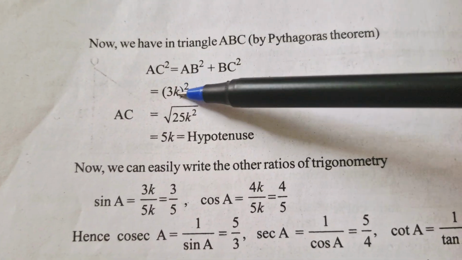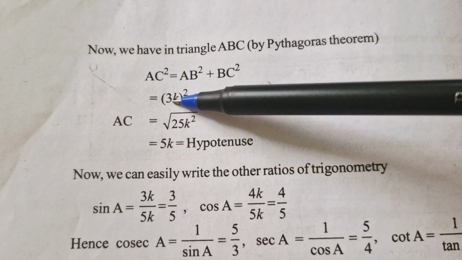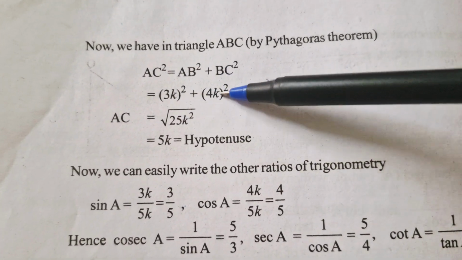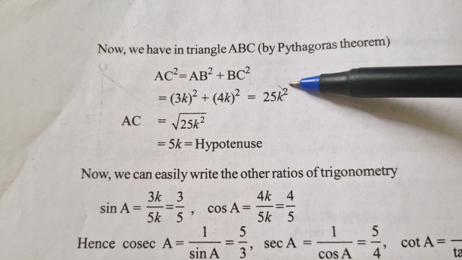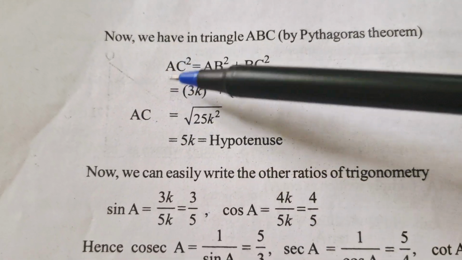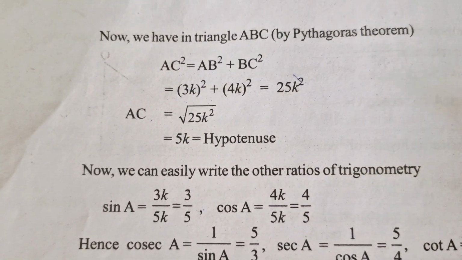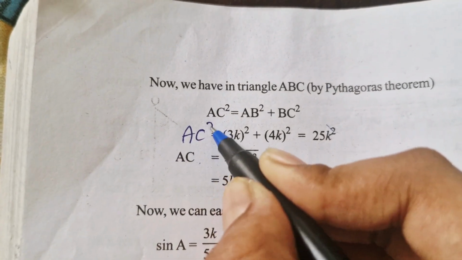What is the value of 3 whole square? It is 9, and for 4 whole square, it is 16. So 9 plus 16 equals 25K square. So AC square is equal to 25K square.